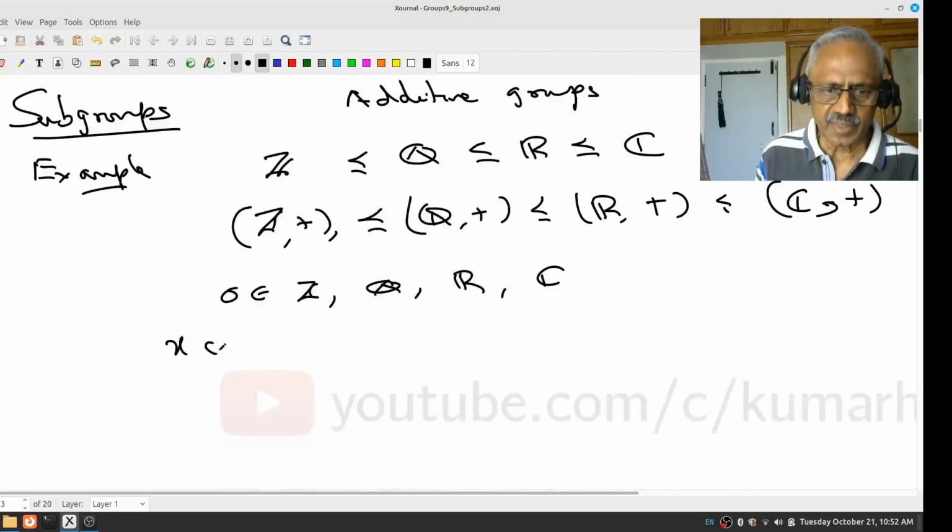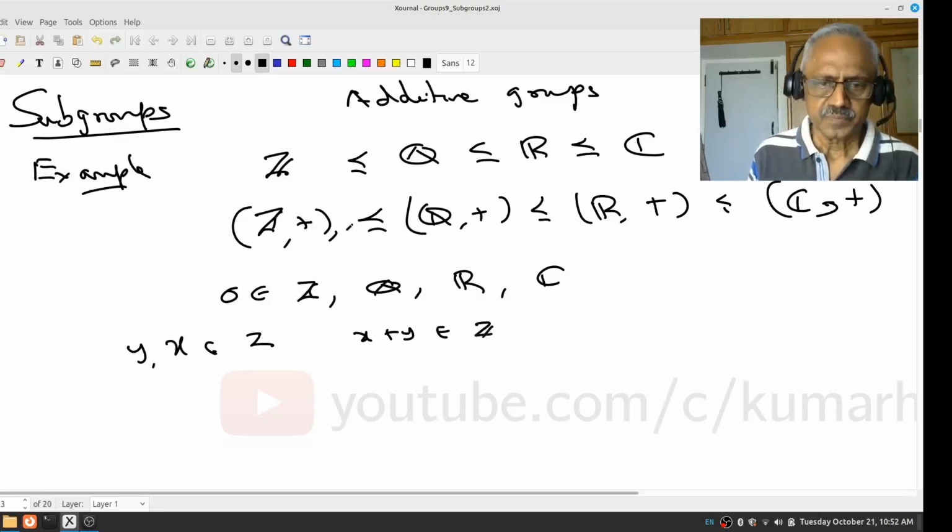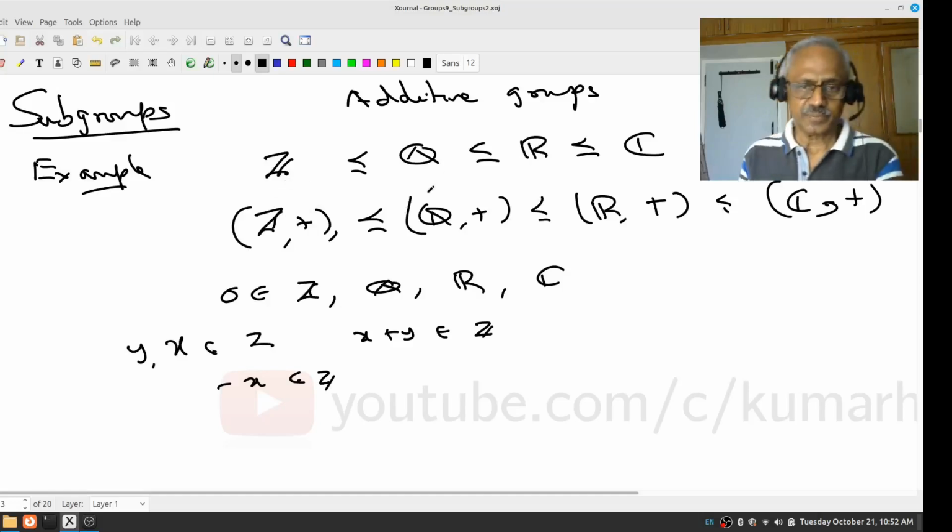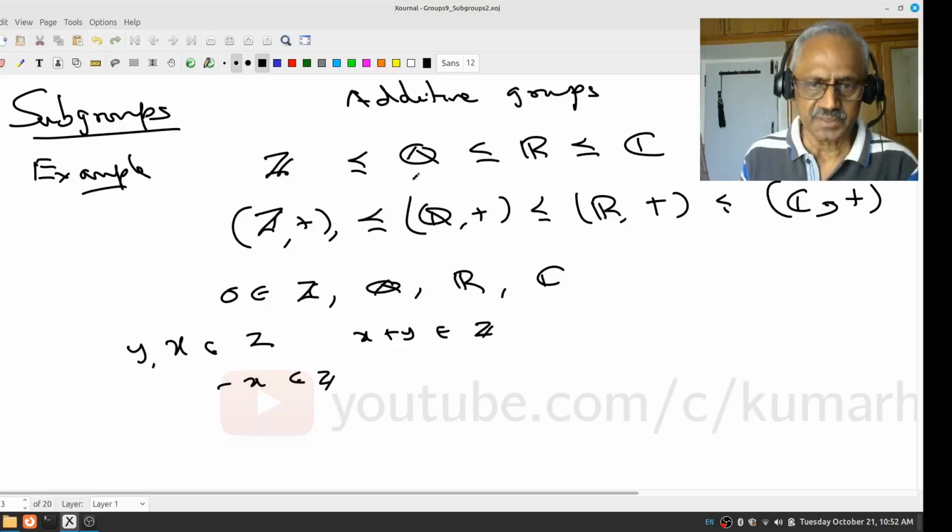Then whenever you have x and y in Z, x plus y is in Z, and similarly minus x is in Z. I have to show Z is a subgroup of Q. That means take any two elements x and y in Z; then I have to say x plus y is actually an integer, a regular integer, not some kind of fraction. And similarly, if I take two rational numbers, their addition is again a rational number, and the additive inverse of any rational number is again a rational number.